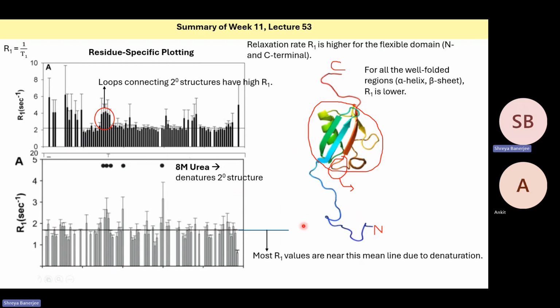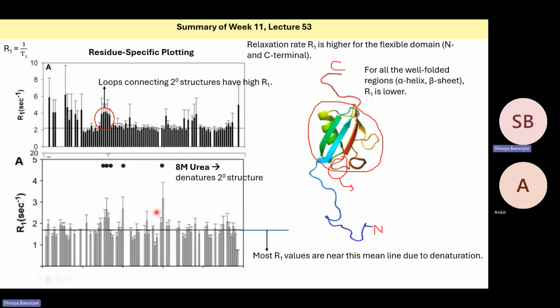So whenever you have a flexible region, R1 is high, whether that flexible region is the N terminal, the C terminal, or a loop. And whenever you have a well-folded region consisting of alpha helix and beta sheet, all these R1s are low. So depending on the value of R1, it will give you an idea about the degree of dynamism in that region of the protein.